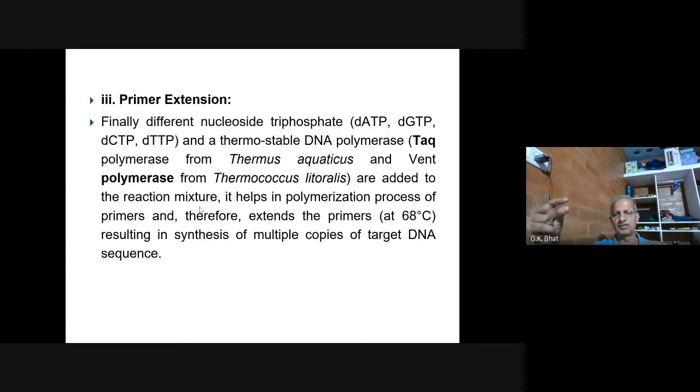So one primer is situated at one end of the gene of interest, and another at the other end. We want that gene of interest, which has two strands. One primer here, another primer here. This extends the primer, resulting in synthesis of multiple copies of the target DNA sequence. Okay? So the first step is heat denaturation of DNA, the second is annealing, and the third step is primer extension.